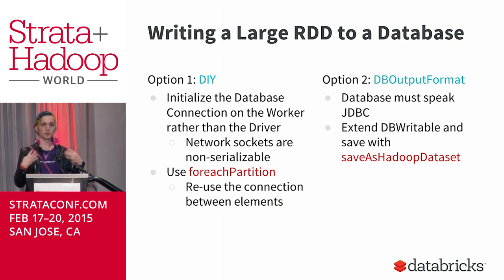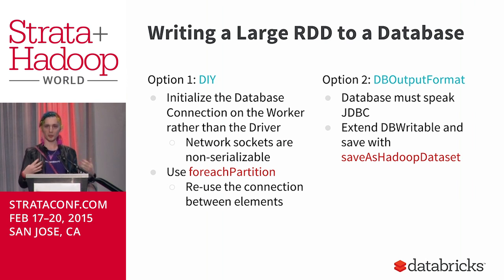Another thing that's important is writing our data out. If we're writing it out to something where there's already a Hadoop output format, we can just go ahead and use that. But maybe we have a legacy database system that we want to interact with, which doesn't have a Hadoop output format for us to work with. So there are really two options. There's the DIY approach, and I'm wearing a DIY skirt today, and it's a little ugly, but the DIY approach for writing stuff out to databases isn't nearly as ugly as my skirt.